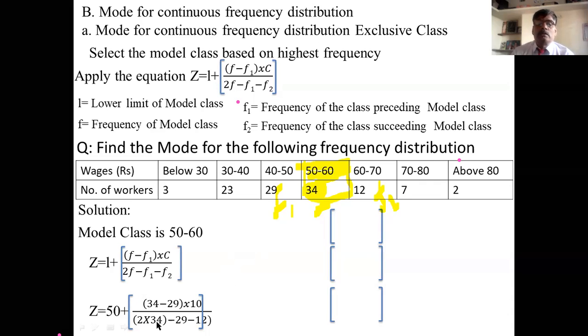You put a bracket for this, minus F1, which is 29, minus F2, which is 12. You put the values like this.